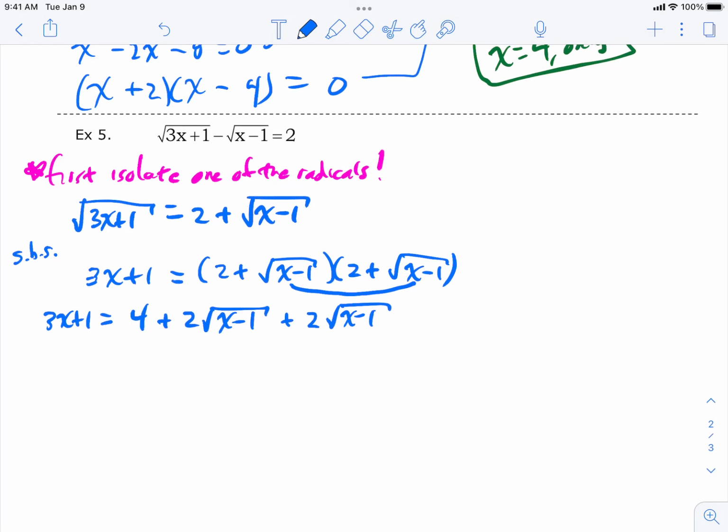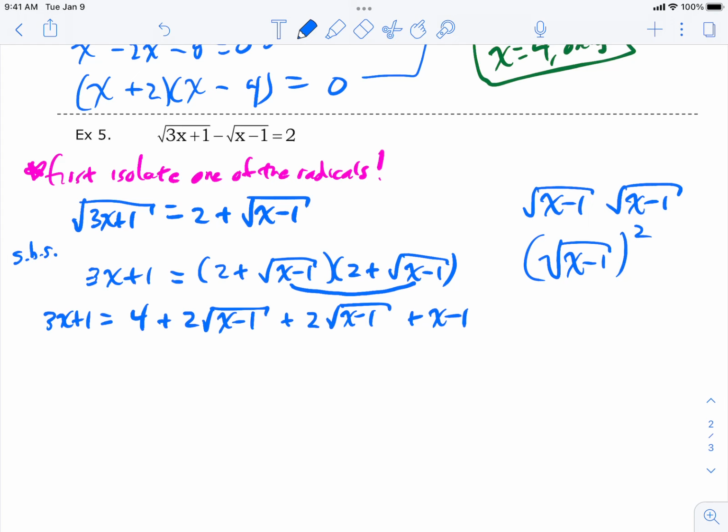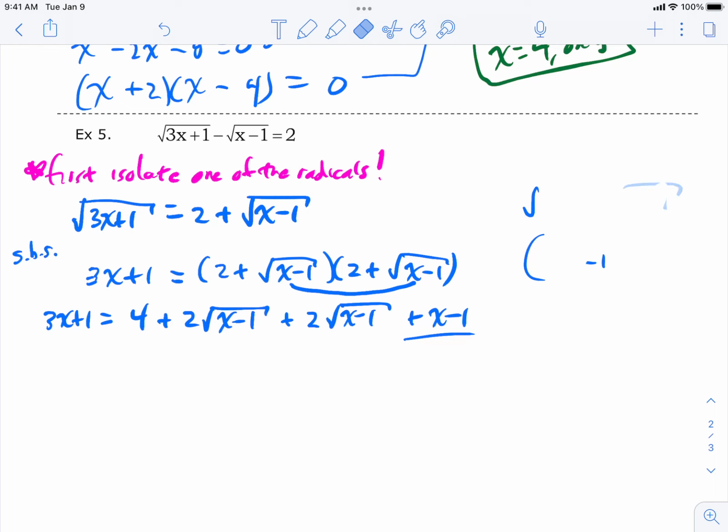Now when you multiply the square root of something times the square root of something, you just get that something out, right? In other words, the square roots are going to kind of cancel here, right? Because if you multiply this by itself, that's the same thing as saying I'm squaring it, right? Multiplying it by itself. And again, if you square a square root, it just pops right out. So you just get your x minus 1 right there. So that part at least is kind of nice.